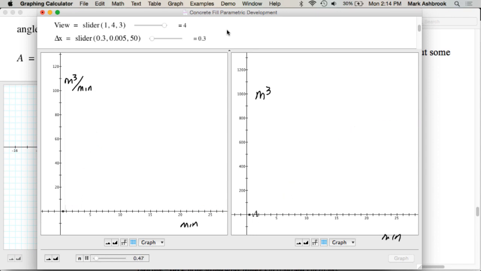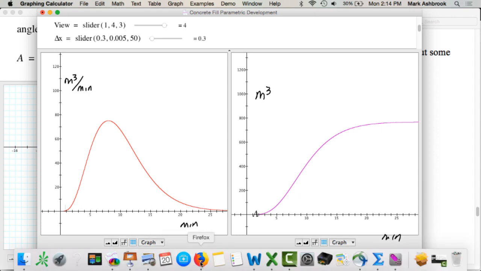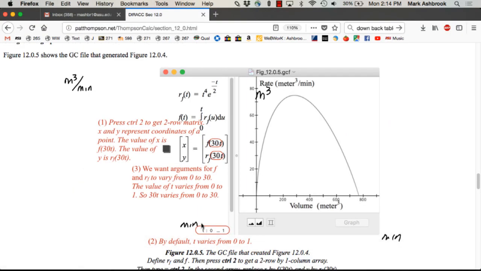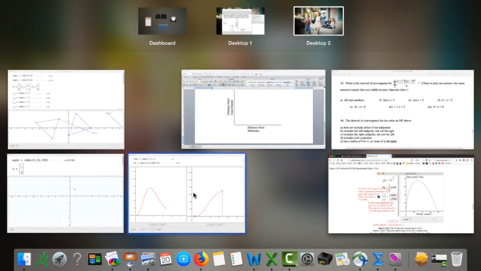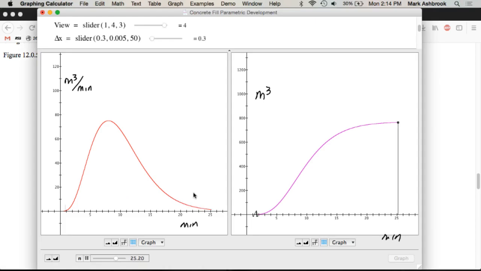Okay, so we've been down that road, and we've dissected it. But what if we wanted to know what the rate was given a number of the volume poured?